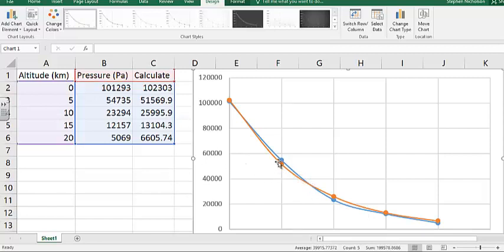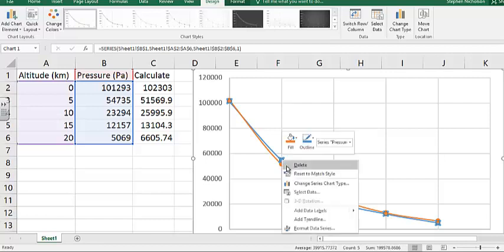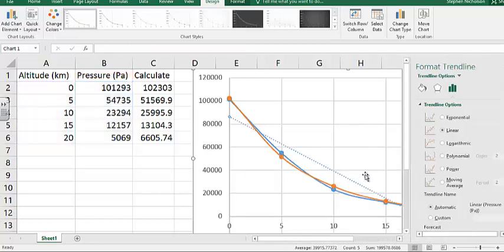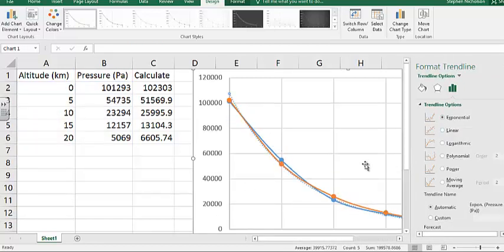Now, one thing else we can do is if you click on one of the blue dots, you'll see how the blue dots get highlighted, and then right click, and it says add trend line. What we want to do is add an exponential trend line. This is something you can do in Excel.